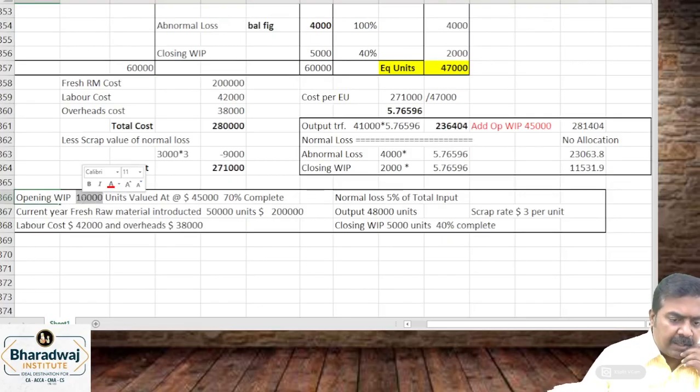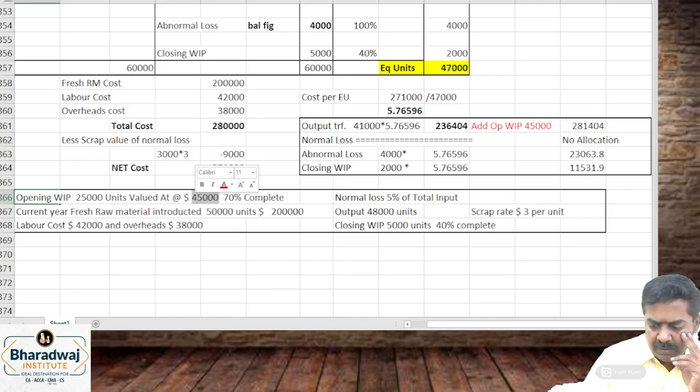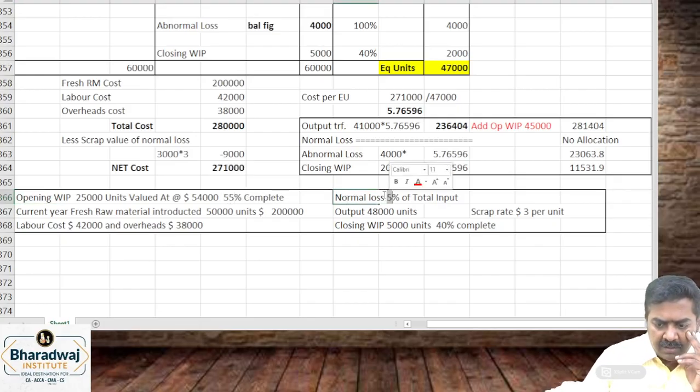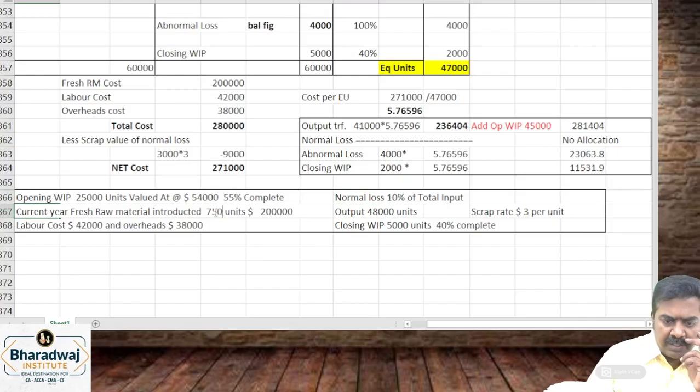I request you to take up this question. Opening WIP 25,000 units valued at 54,000, which is 55% complete. Normal loss 10% of total input. Current year raw material introduced, current batch 75,000 units at a cost of 2 lakhs.